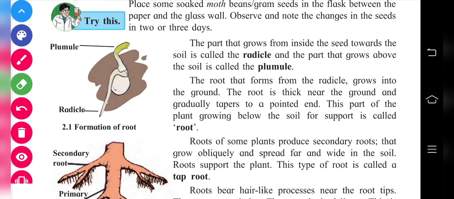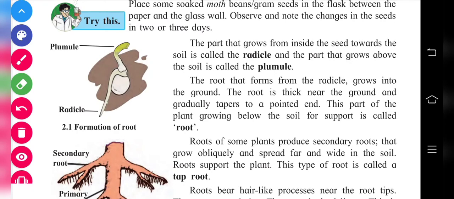It forms the root system of the future plant. Root grows under the soil only, that's the radicle. Plumule is the part that grows above the soil when the seed germinates. It forms the future shoot, the stem, okay. What is the shoot? I will study that next.